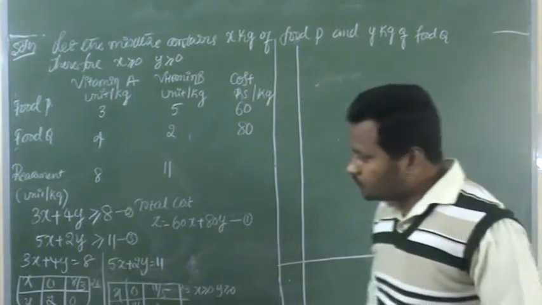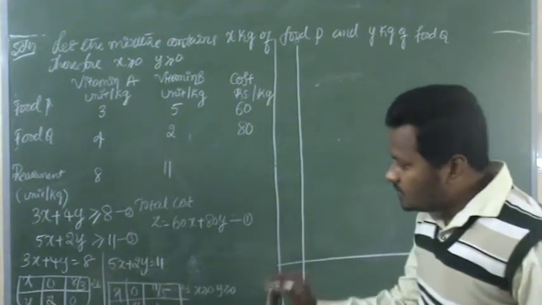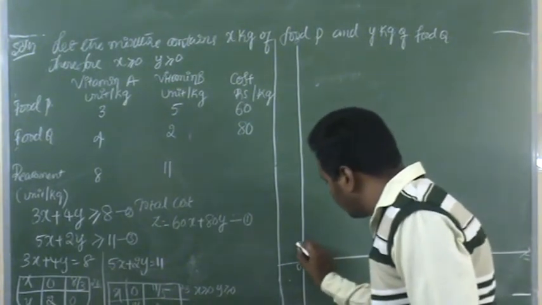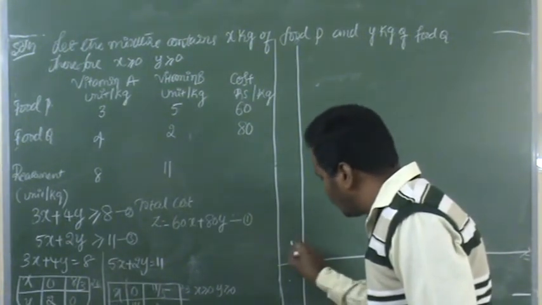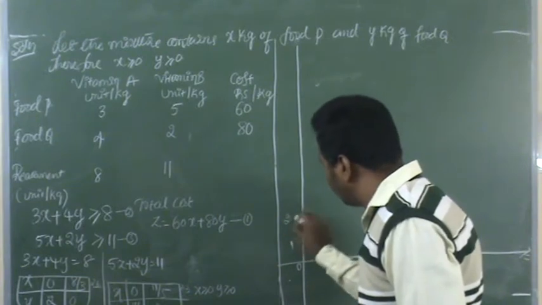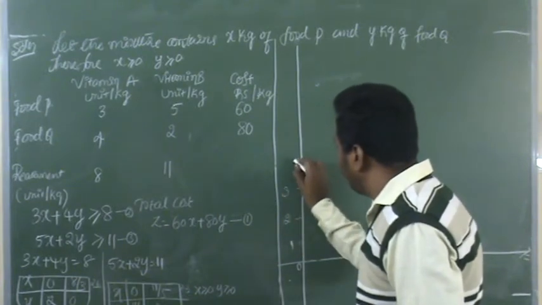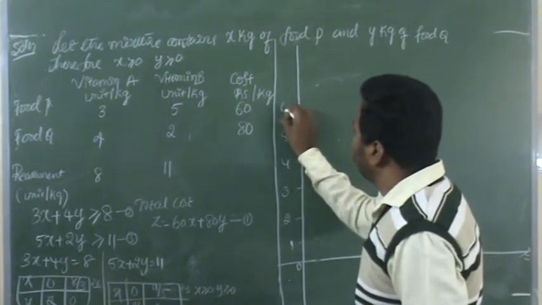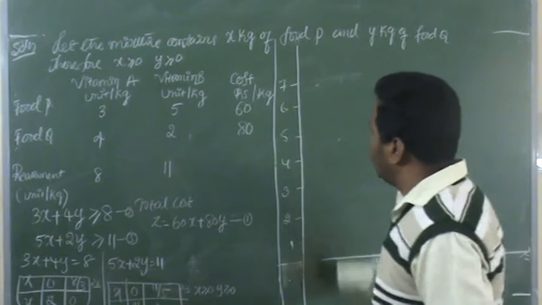Okay. When x is equals to 0, this is the origin 0, 1, 2, 3, 4, 5, 6, 7.